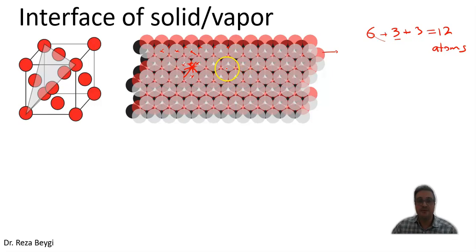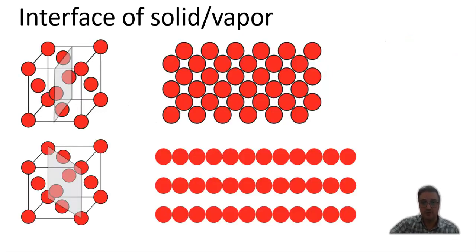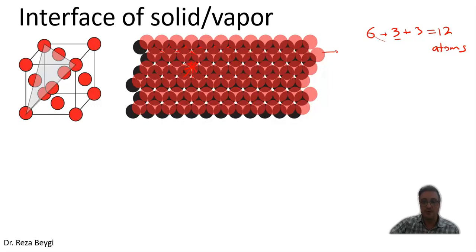So it means that we remove these gray atoms and the other atoms onward. So we have this condition. It means that for each atom we remove 3 bonds. So we have 3 broken bonds when we set this plane as our free surface.